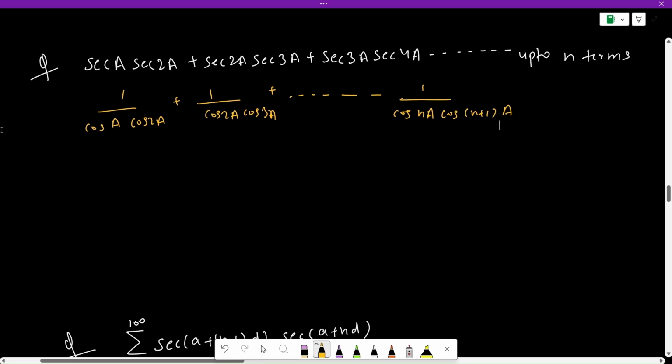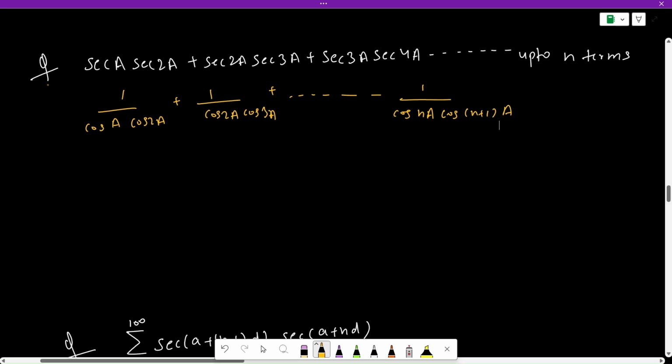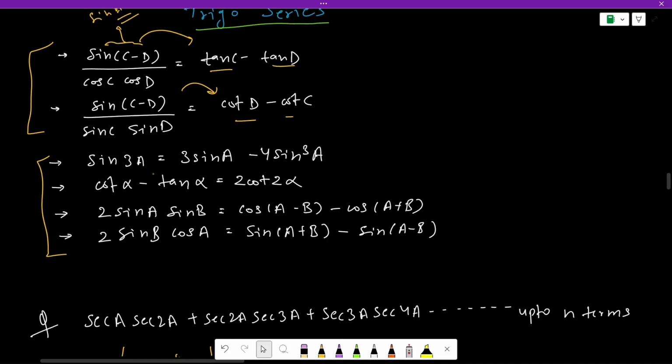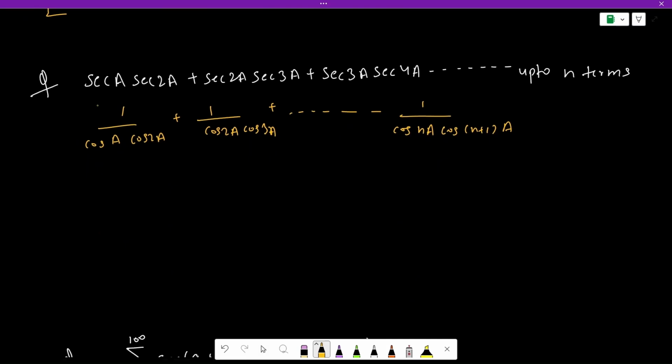Right, now in a question in which you have cos or sine products in the denominator, you should try to create a sine of a difference in the numerator. For example, here it should be sine a in the numerator, that is sine (2a minus a), and similarly in all of them, so that we can use this identity and break them into tan terms. So let's multiply and divide them by the difference, that is a, in all of the cases.